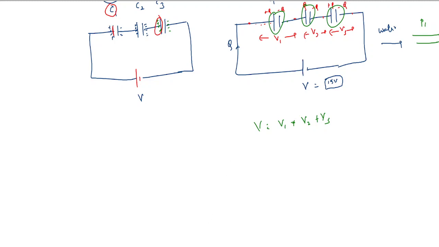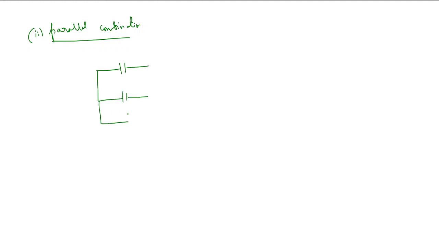Next case, the second part, is called parallel combination. To understand this, think of something of this kind: a capacitor like this and like this. We have 2 capacitors, we'll take 3.